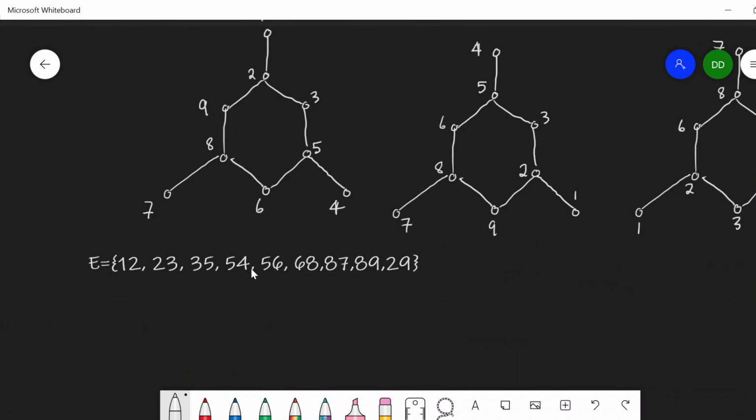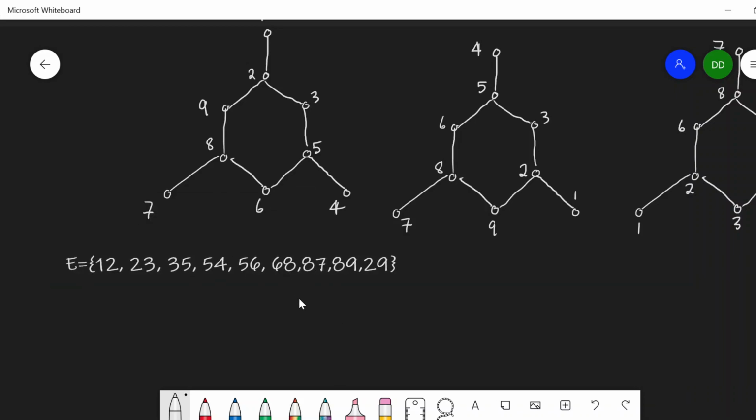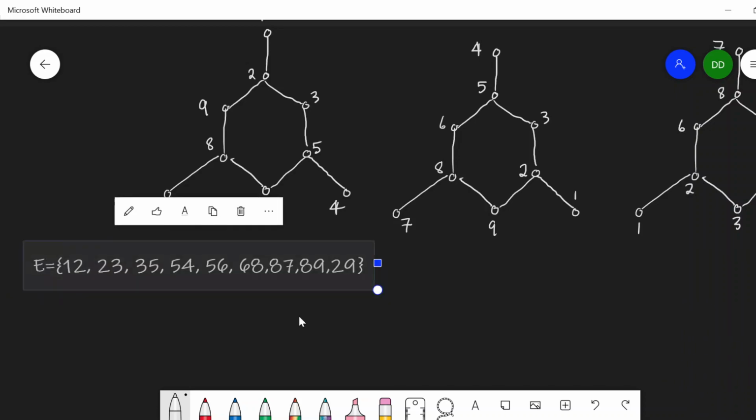Now here I'm just listing the edges by sticking together the vertex labels. So these aren't to be interpreted as 2-digit numbers, but rather 2 single-digit numbers that are juxtaposed. So that would be this first graph.